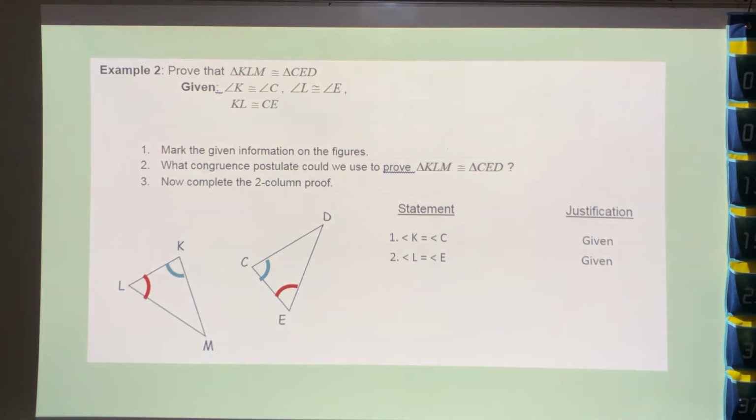So we have two postulates that have two angles: it's either angle side angle or angle angle side. If we look at the given statement, KL is congruent to CE, and we notice that that side is in between the two angles. So now we have enough information to write the congruency statement and prove it by angle side angle.